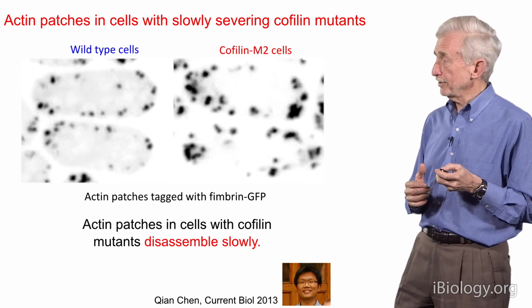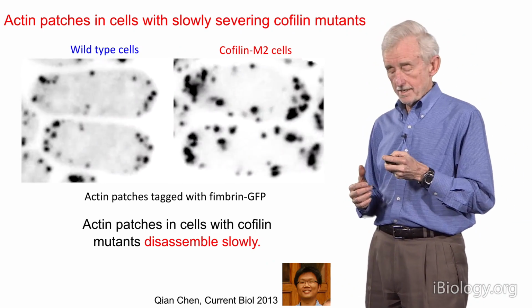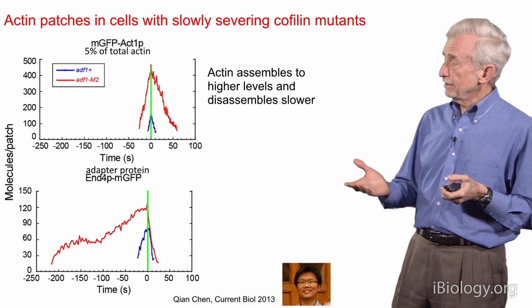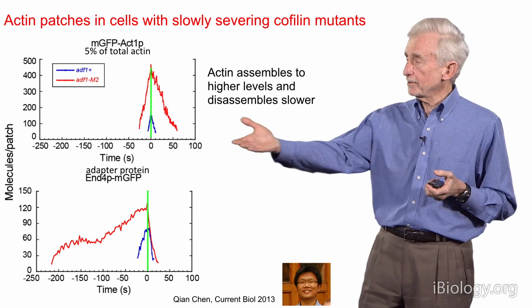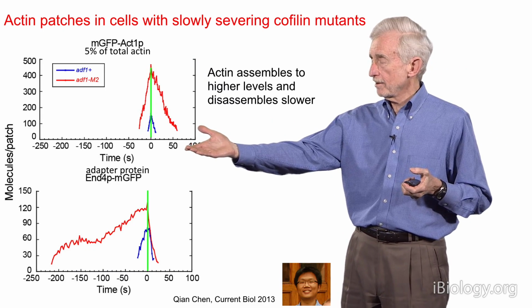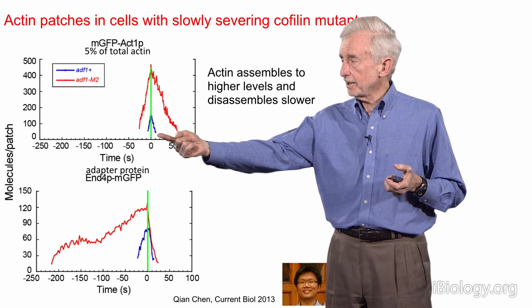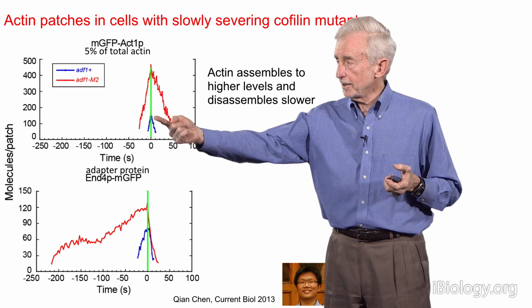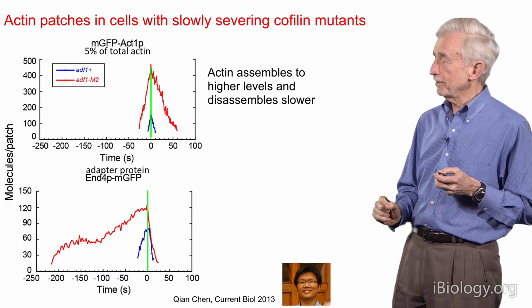He got a big bonus from this experiment, as shown here in these two panels. These are quantitative measurements of the numbers of molecules per patch over time. The blue data is from a wild-type cell, and you can see the accumulation and disappearance of actin over 20 seconds, as I've told you about before.